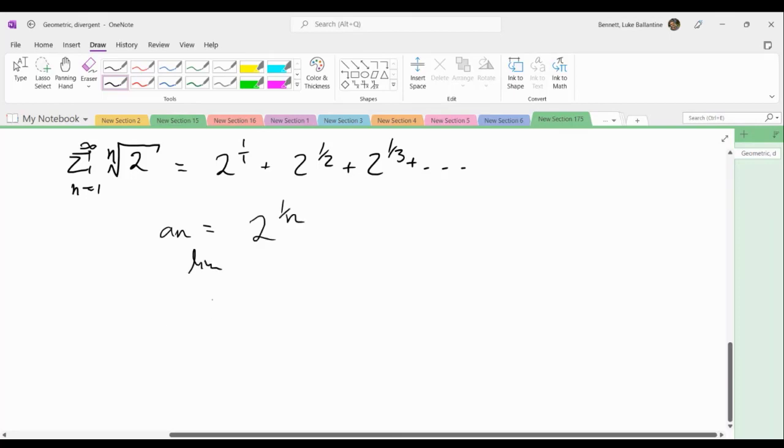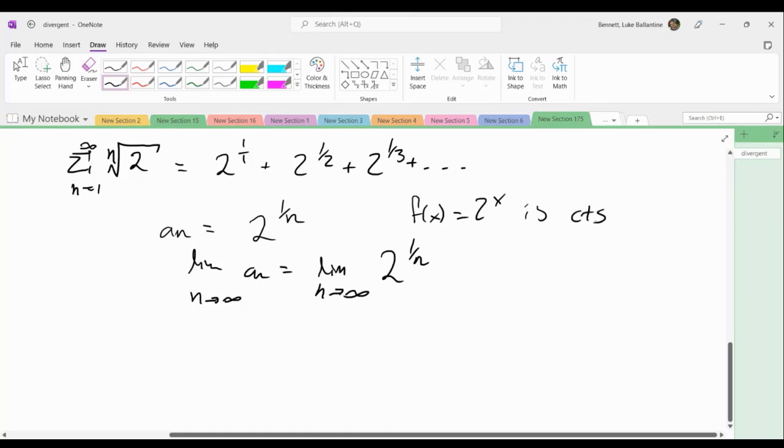The limit as n goes to infinity of a_n equals the limit as n goes to infinity of 2 to the 1 over n. And then we say f of x equals 2 to the x is continuous at x equals 0.